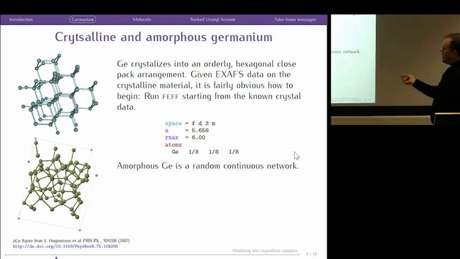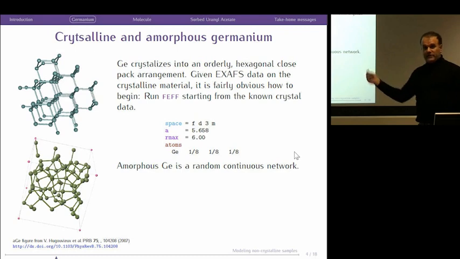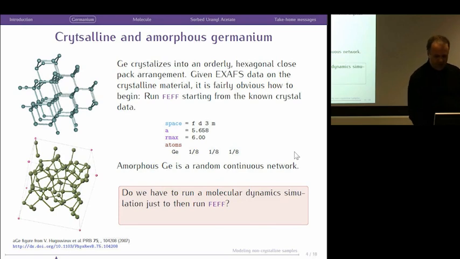But it's pretty well known that amorphous germanium, this random continuous network, has the property that all of the germanium-germanium distances are about the same length as in crystalline germanium, except that instead of being a crystal, it's a random continuous network. But from the perspective of an XAFS experiment, it turns out they're kind of similar.